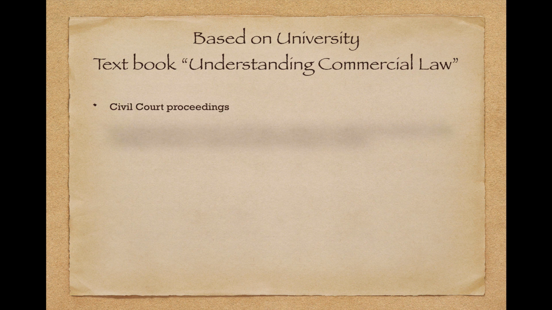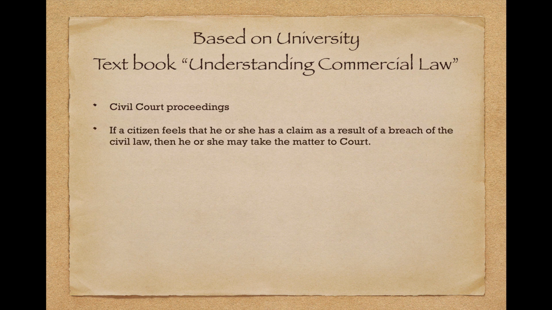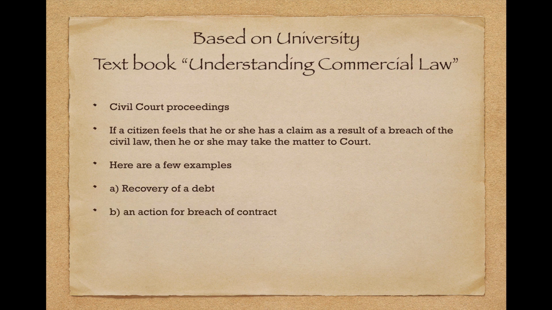Civil court proceedings. If a citizen feels that he or she has a claim as a result of a breach of the civil law, the common law, then he or she may take the matter to court. Here are a few examples of how this happens. If you have someone who has wronged you and you need to recover a debt, an action for a breach of contract, as I told you earlier, private law is all about contract.